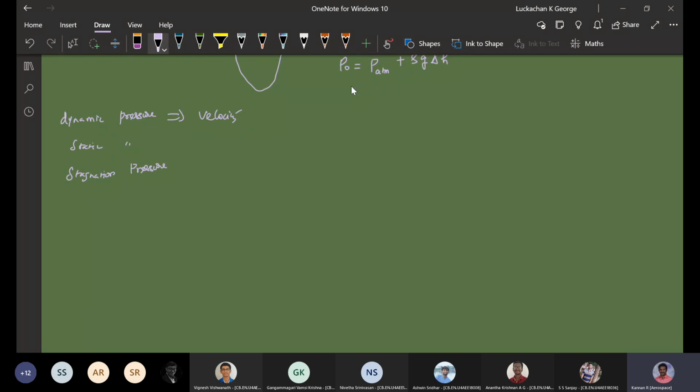Same way, if you want only your stagnation pressure, we'll be having a single L-shaped probe. This is one.